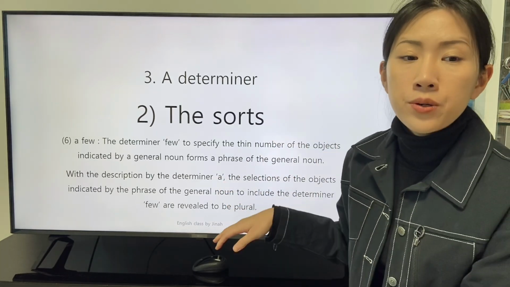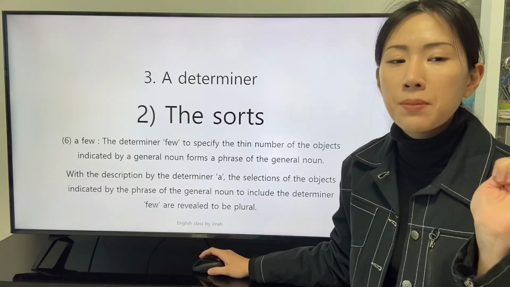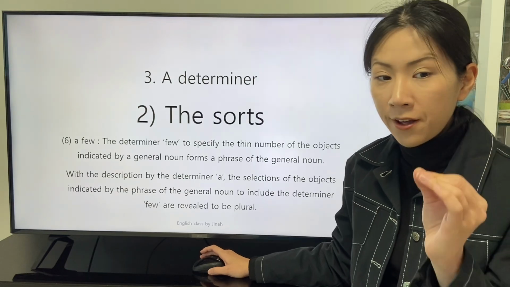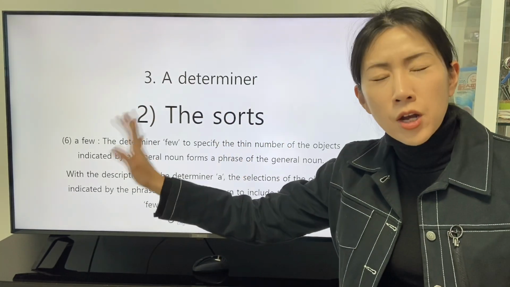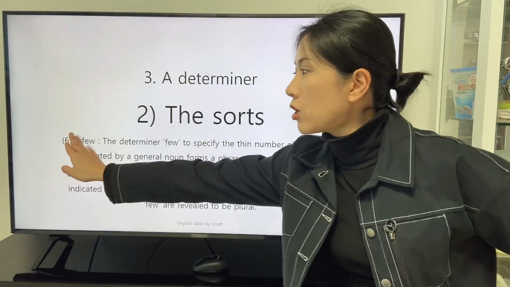The determiner few to specify the thin number of the objects indicated by a general noun forms a phrase of the general noun. We will study about the phrase of the determiner of few with the determiner few.